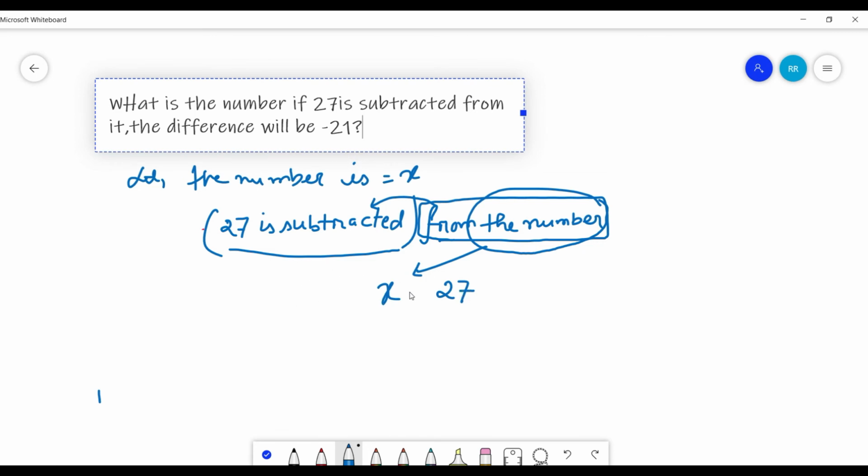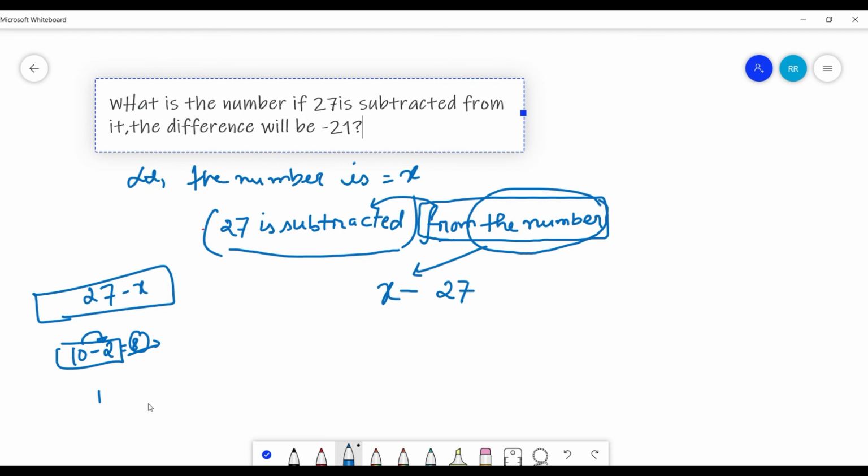So you can write x minus 27, you have to subtract 27 from that number. If you write it like 27 minus x, what does it mean? This means the number is subtracted from 27. If you have 10 taka and you give someone 2 taka, you have 8 taka. That means 2 taka is subtracted from 10 taka.